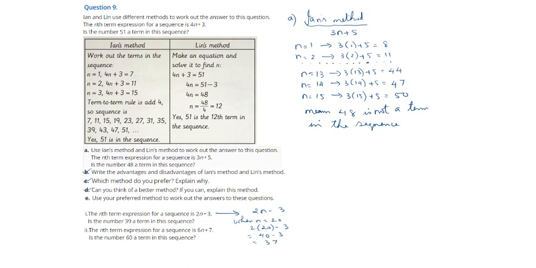Now let's take n is equal to 21. So this becomes 2 into 21 minus 3. This is equal to 42 minus 3, which is 39. It shows that 39 is a term. Yes, 39 is a term of the sequence.